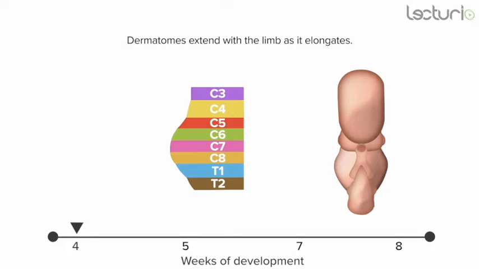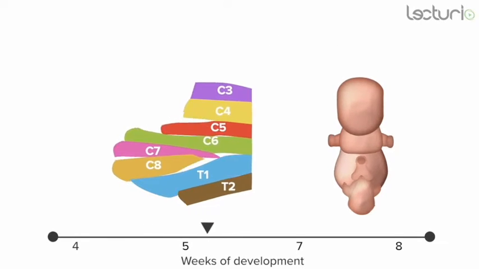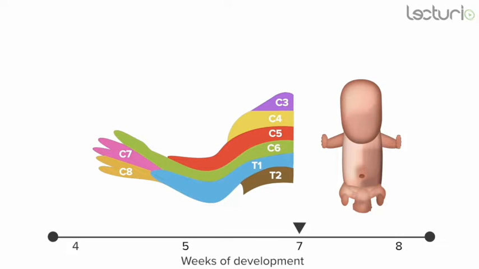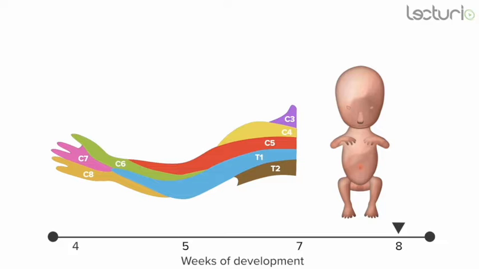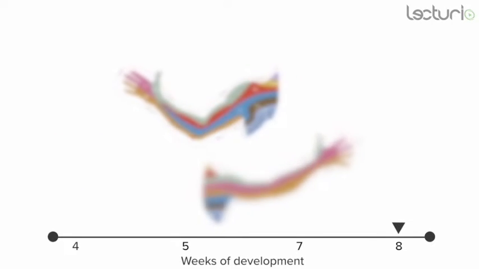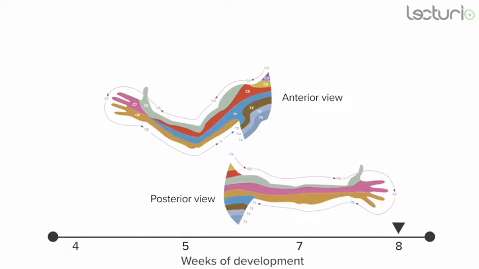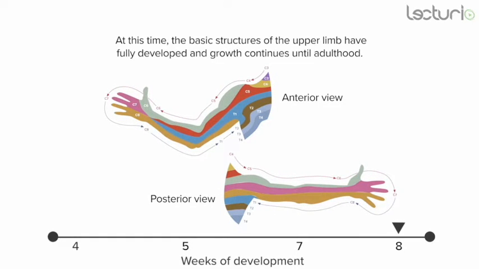Dermatomes extend with the limb as it elongates. At this time, the basic structures of the upper limb have fully developed and growth continues until adulthood.